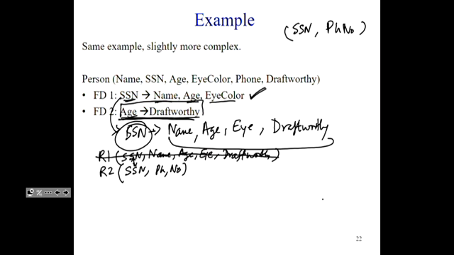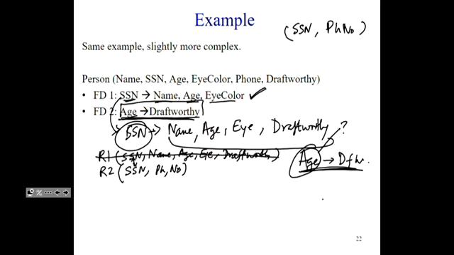Good. For functional dependency number 2, age implies draftworthy, it's a non-trivial functional dependency, so this is something that we should consider. The left-hand side is just age. Is age a superkey or not?